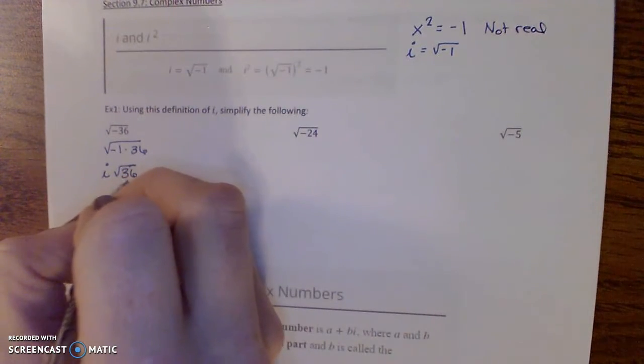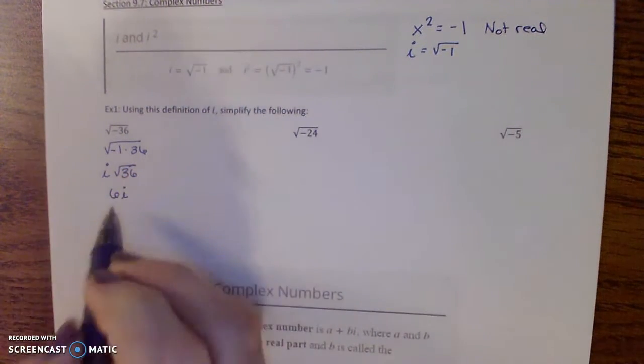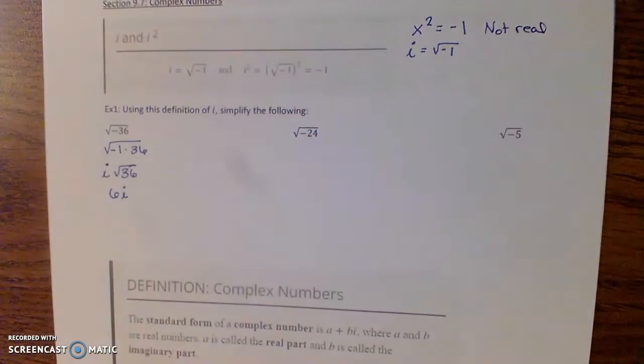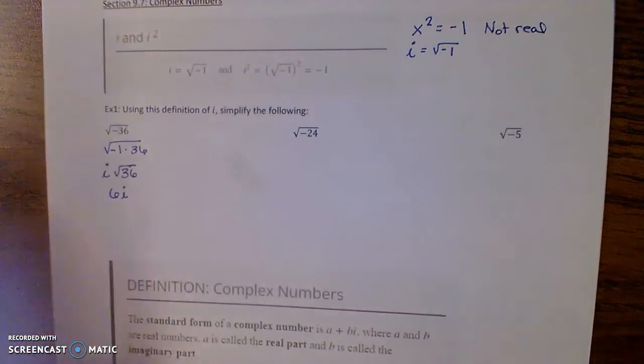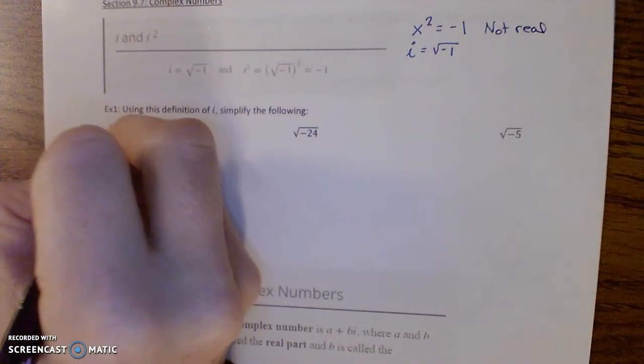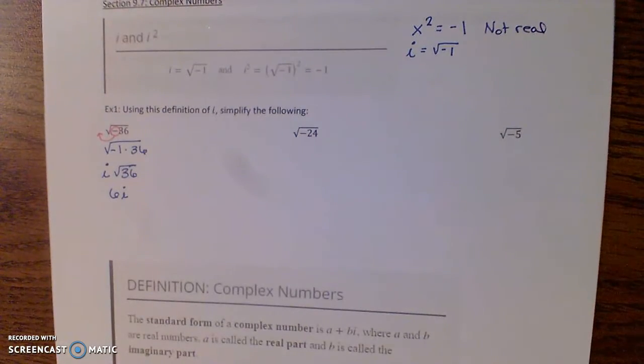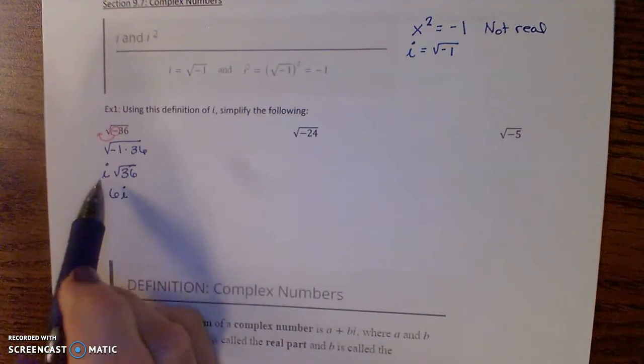So this will be 6. And I like to write the number part first. So that'll be 6i. So a shortcut for writing this is whenever you see a negative sign inside the radical, it'll come outside of the radical as an i. It'll pop up out front here.